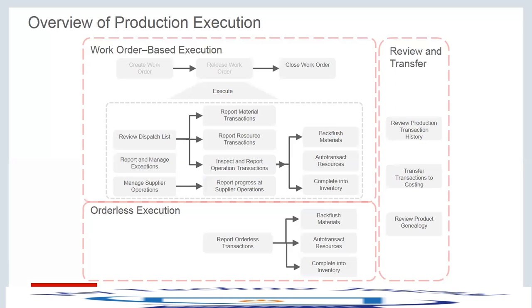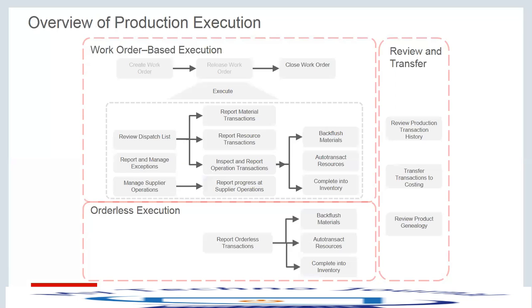Now, this is for execution of a work order, wherein you are producing a product based on the work order. There might be a situation where you want to produce something without the use of a work order. So we also have the feature of orderless execution. We will see that in detail: you just have to provide the product name and the quantity which you want to produce.